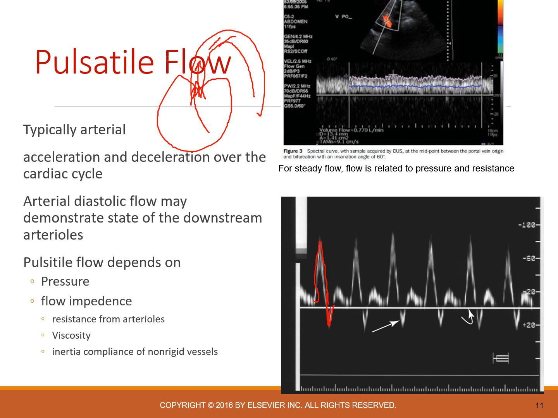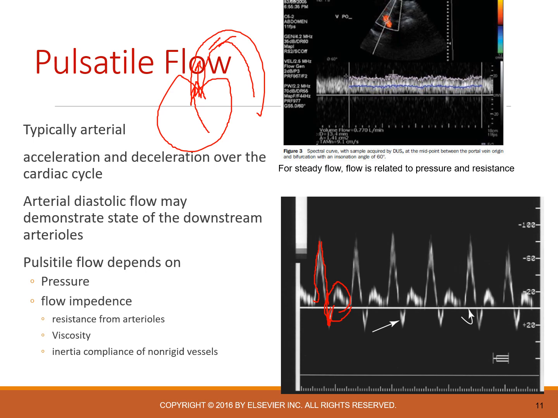Then you see in later diastole, in this region here, the blood is going to have forward motion again. The reason it's getting forward motion in this case is because of the Windkessel effect, which we're going to talk about in a moment. It's basically almost like a recoil of the vessels that will give another little push to that blood flow in the arterial system to move it forward one more time before systole kicks in again.